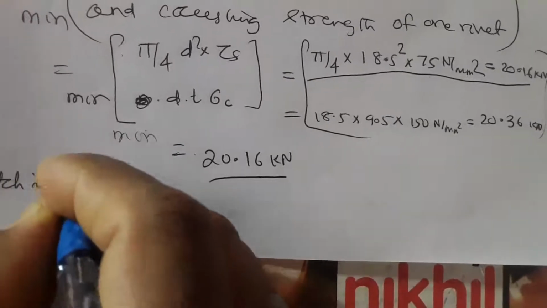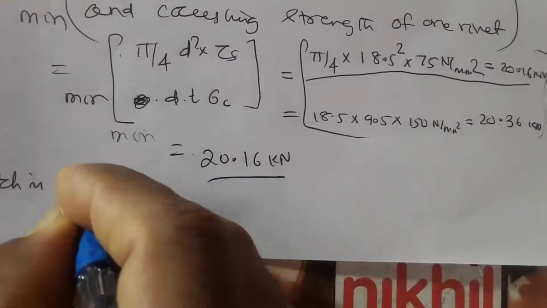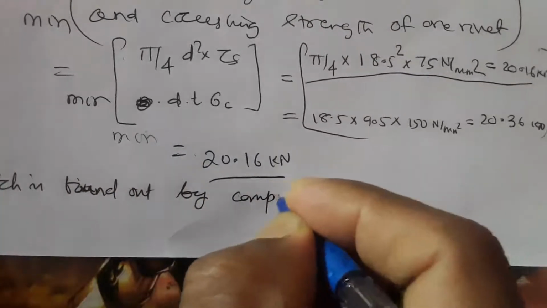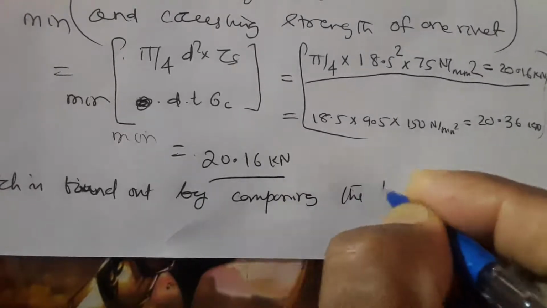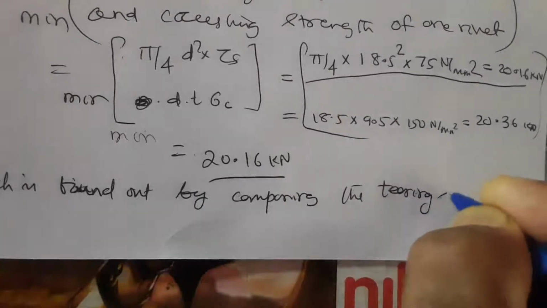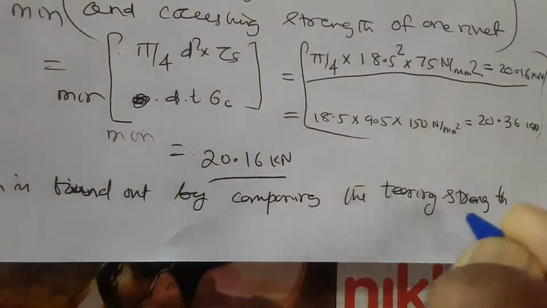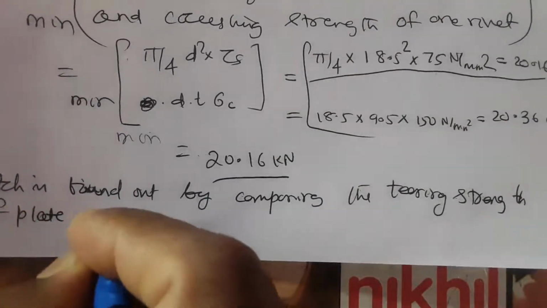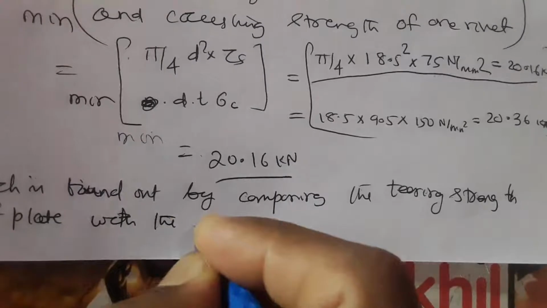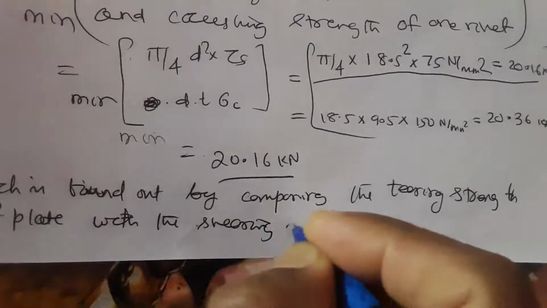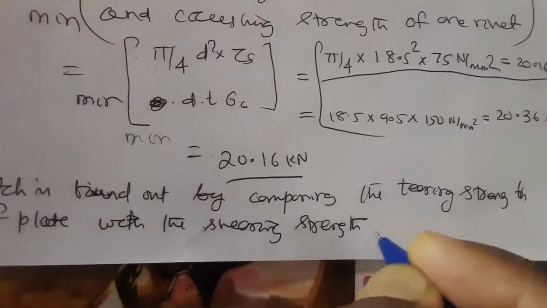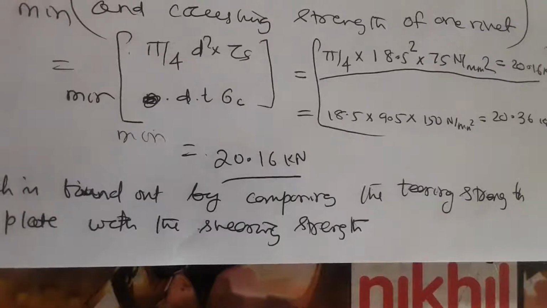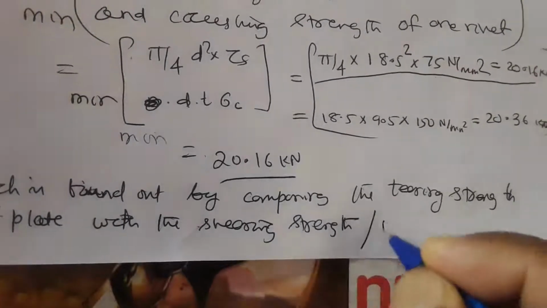Pitch is found out by comparing the tearing strength of the plate with the shearing strength per pitch length.